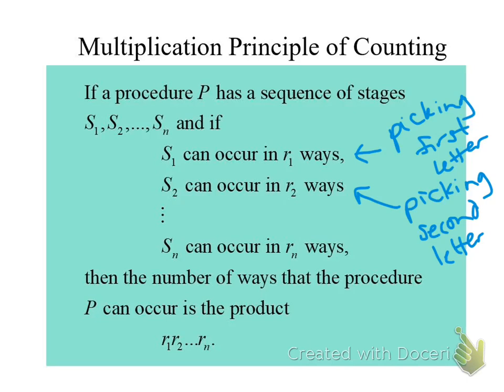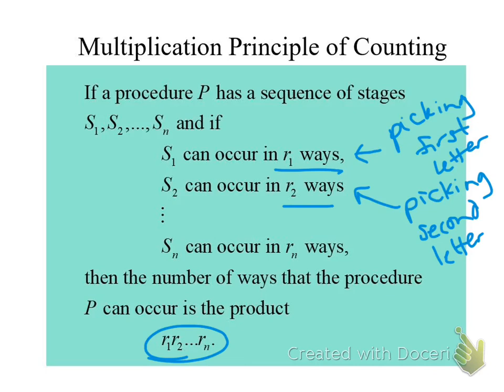Okay, so what we did was, okay, I picked the first letter. I had, in the example we just did, I had 4 options. So that's when I drew out the blanks. Okay, so my second stage, I had 3 options because I already picked one and I wasn't allowed to repeat. And then you do that for however many you have, and then you can multiply all those numbers together.